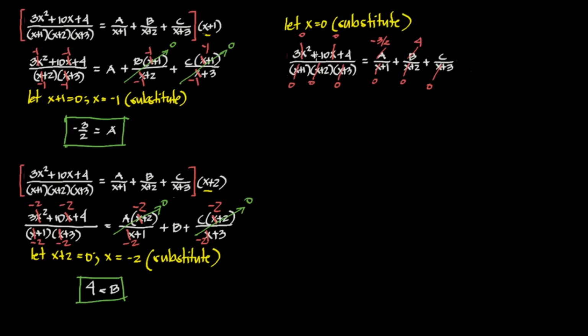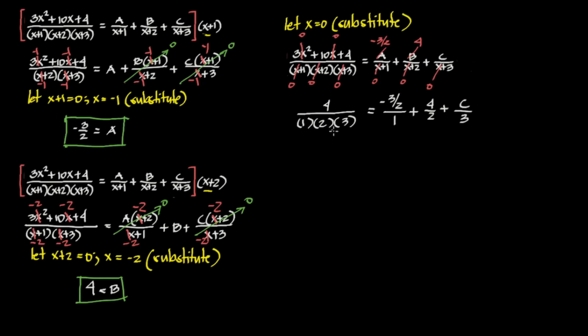So, ang matitira dito sa taas is only 4 all over 1, 2, and 3. Dito naman, we have negative 3 over 2 all over 1 plus 4 over 2 plus C over 3.